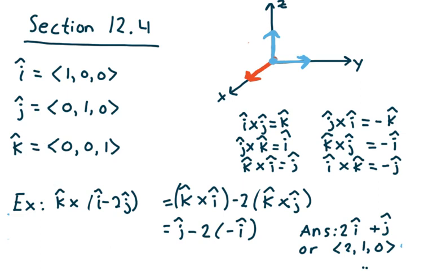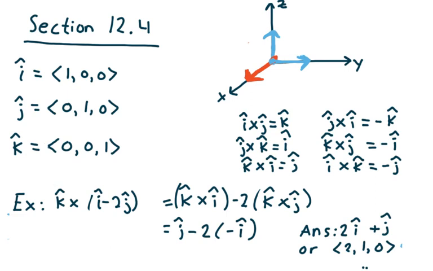So graphically, to draw the vector i, we're going to start at the origin and we're going to move one unit along the positive x-axis. So that's highlighted in red here. To get j, we're going to start at the origin and we're going to move one unit along the y-axis right here.